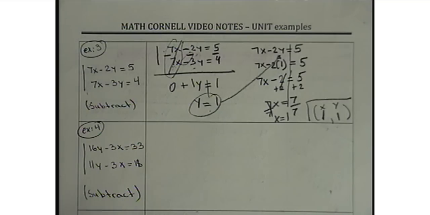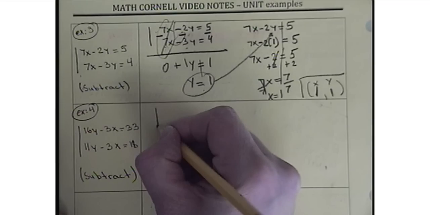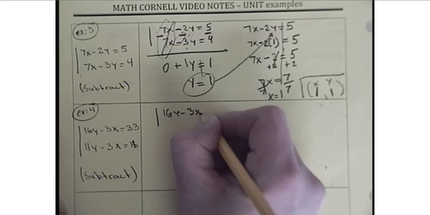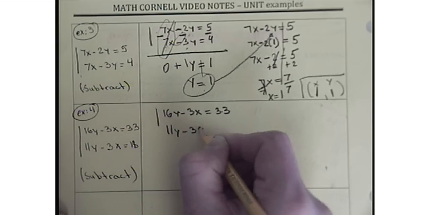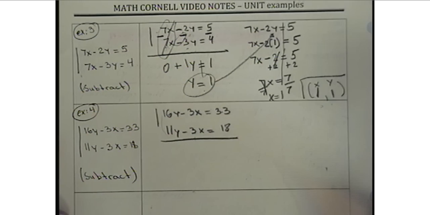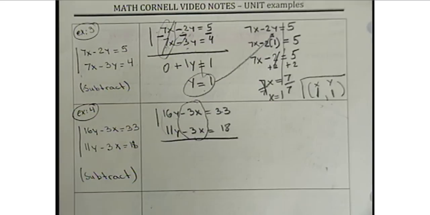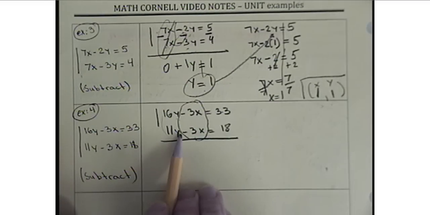One last example, and this one has 16y minus 3x equals 33 and 11y minus 3x equals 18. Alright, those are y terms, x terms, and numbers. The x terms are the ones we are going to use because they both have the same number and they both have the same negative sign. So again, since both have the same sign, we're using the subtraction method here.